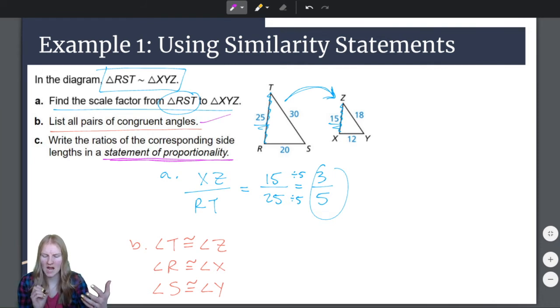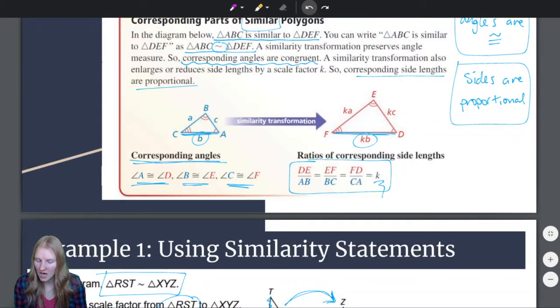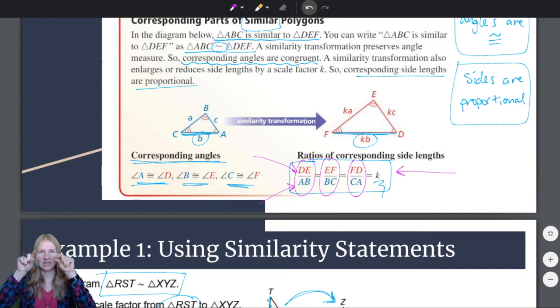We talked about how the angles related to each other, but now how do the sides relate to each other? So remember that sides are proportional, which means we're going to take all of one triangle's sides and put them on top of the other triangle's sides. And we're going to make sure that the corresponding ones are in their own ratios.